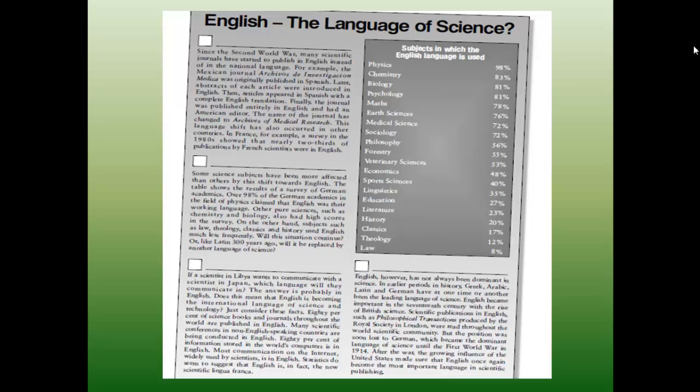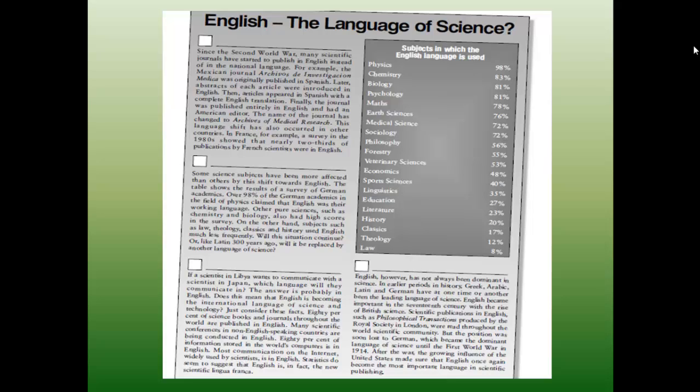English, the language of science. Since the Second World War, many scientific journals have started to publish in English instead of in the national language. For example, the Mexican journal Archivos de Investigación Médica was originally published in Spanish.